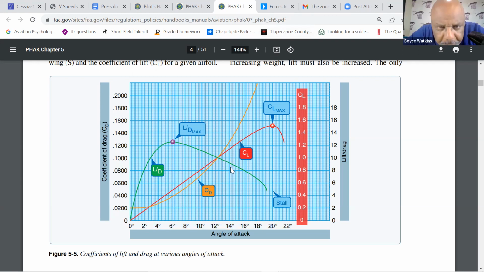Do you remember what our angle of attack is? Yeah, it's the angle between the nose of the plane and what direction the plane is going, if I'm not mistaken. Correct? It's the angle between our chord line and the relative wind. I thought it was connected to which direction the plane was going.